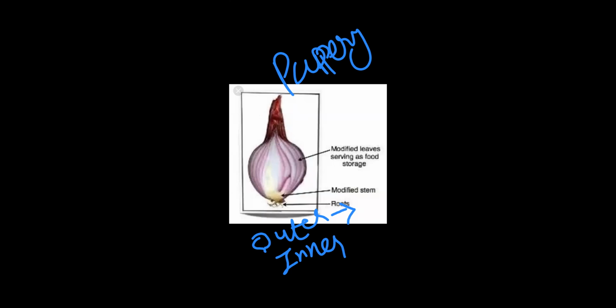That is not the edible part. But the inner leaves, which store the food and become fleshy, are the main edible part. Yes or no? The outer ones we remove, which do not store any kind of food. But the inner leaves store the food and become fleshy.